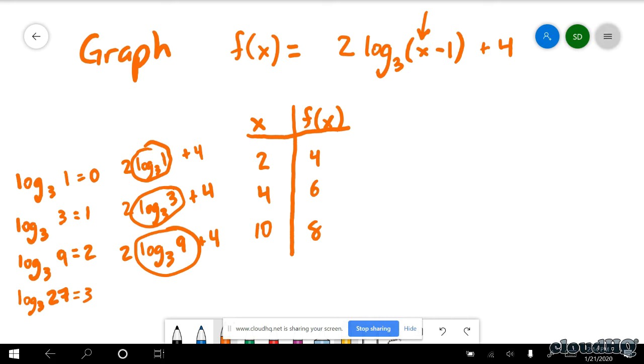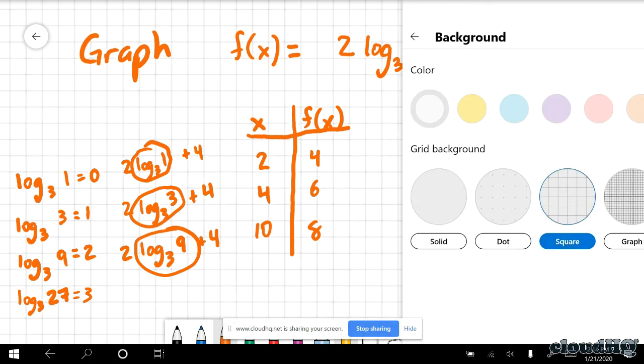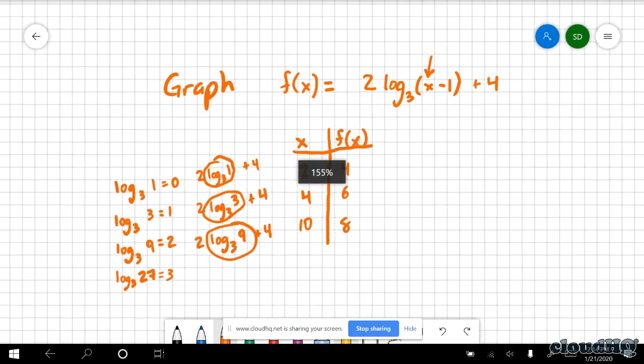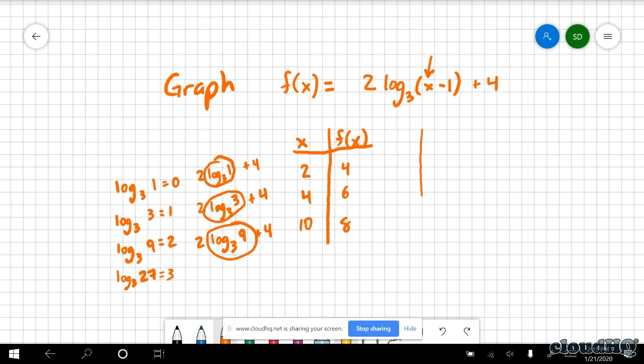Let me give a graphing background so we can graph this one. Okay.